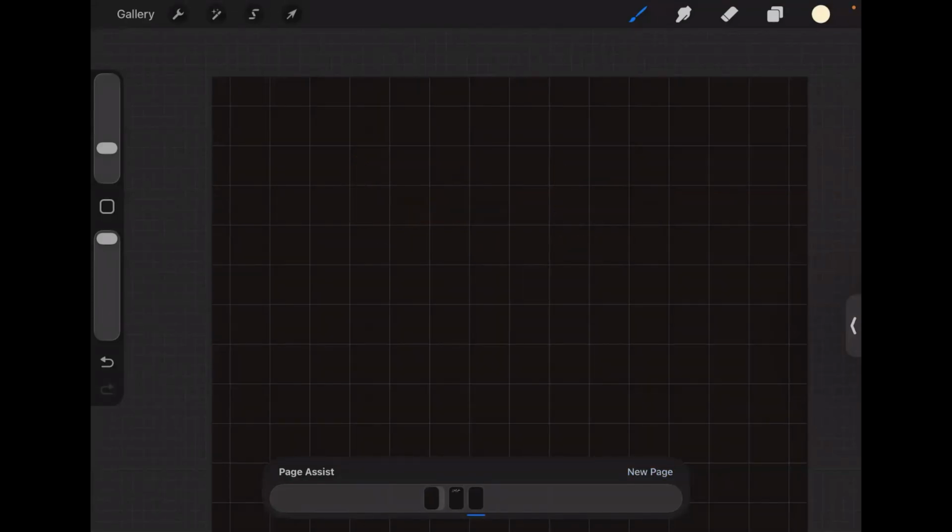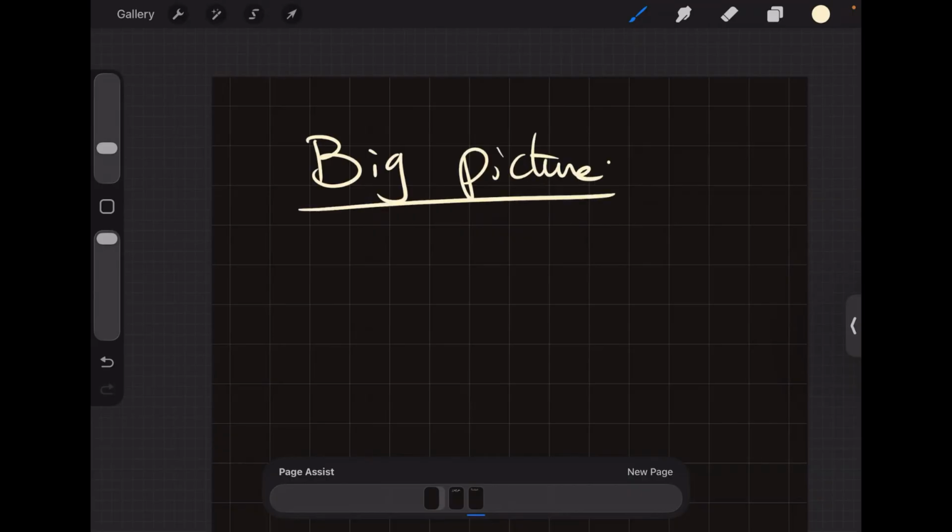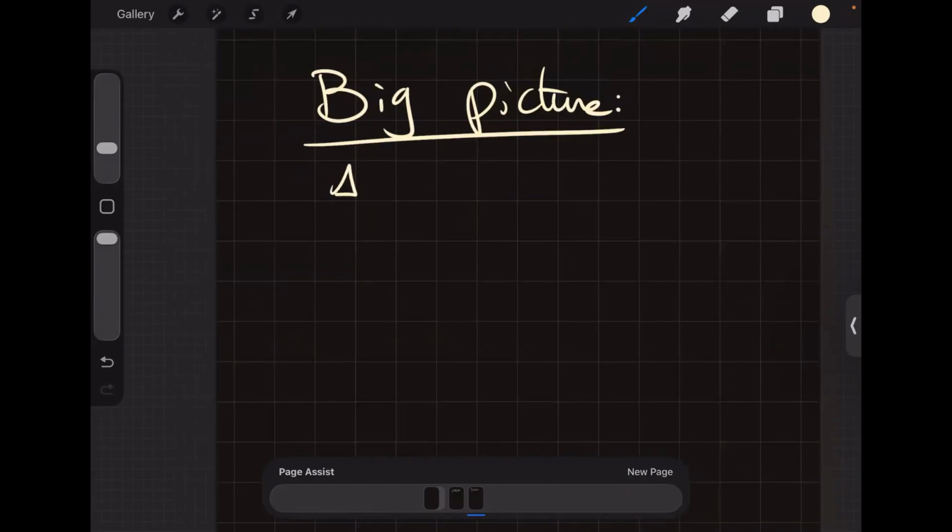So the first thing I want from y'all is a big picture. We can talk about the change in y over the change in x.